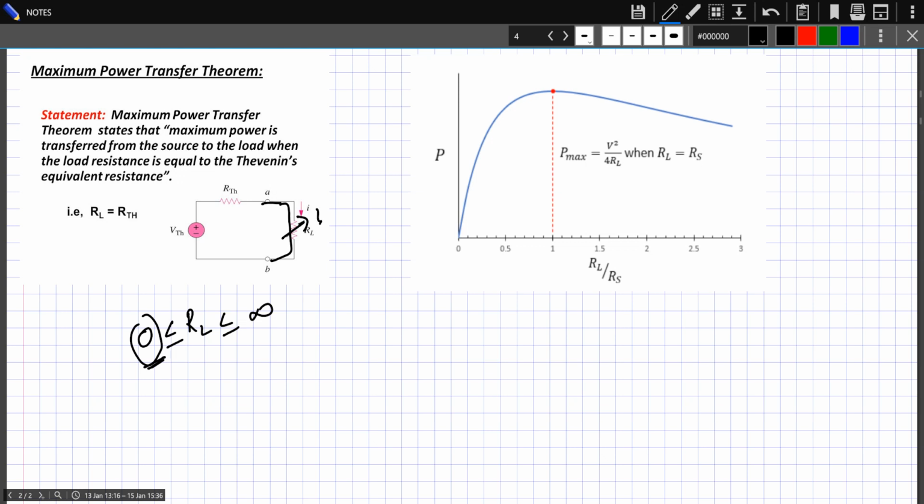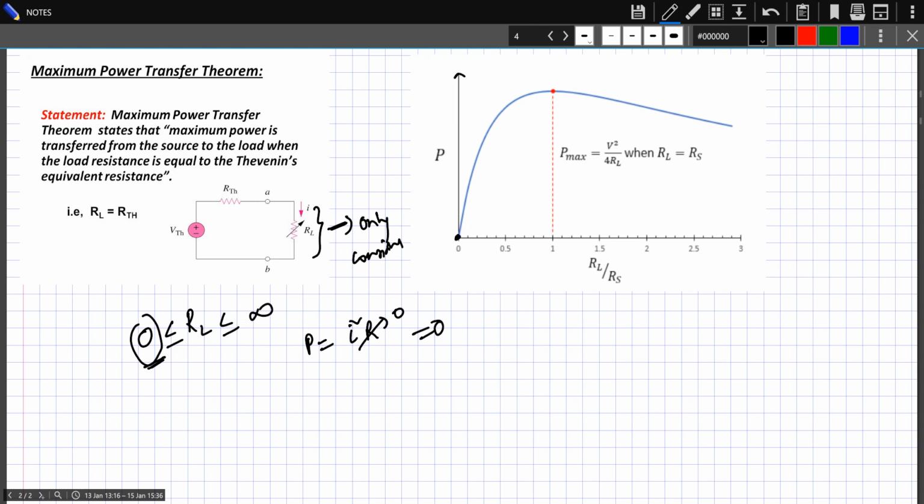We only consider the power being consumed by the load. Because the load resistance is 0, by the power formula I square R, with R being 0, the power is 0. So the power starts from here.